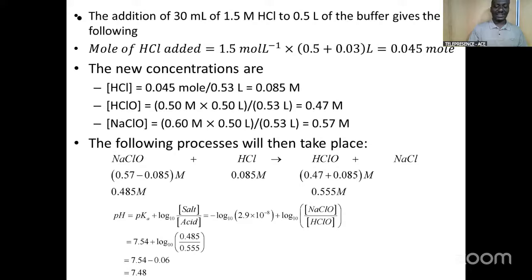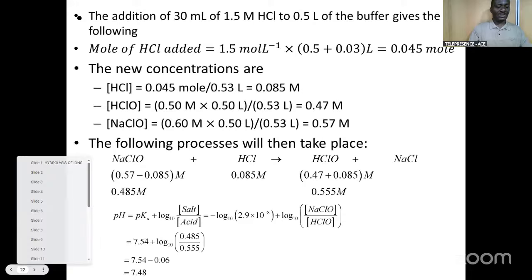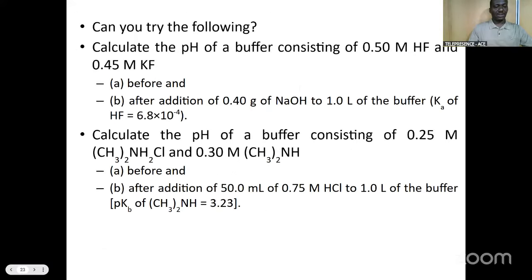Now we've used an acid buffer to illustrate this. Can we take a look at a base buffer and see how it will respond to addition of a small amount of acid or a base? So you have this question here.